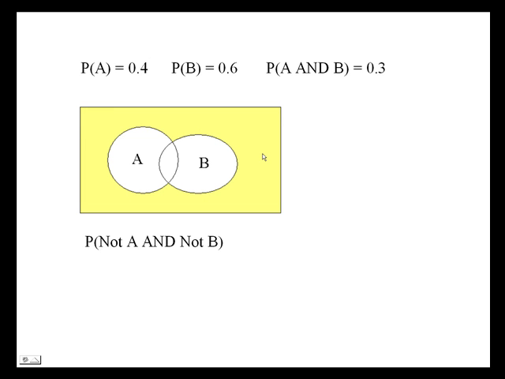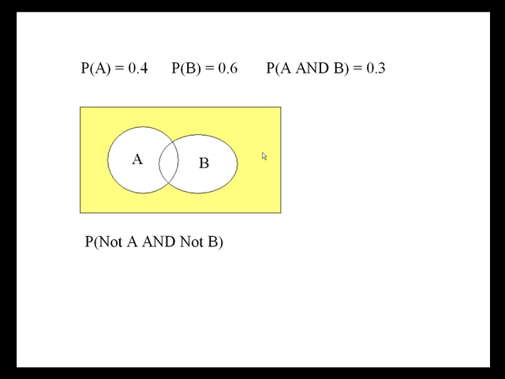Now that I've figured out what it is that I'm after, how do I get the answer that I'm looking at here on this graph? Again, take a second and see if you can figure out what to grab. Okay, this is a little more tricky, in that I recognize that the white space here, the one that's not shaded yellow, is the probability of A or B. So I don't have this sitting in front of me.